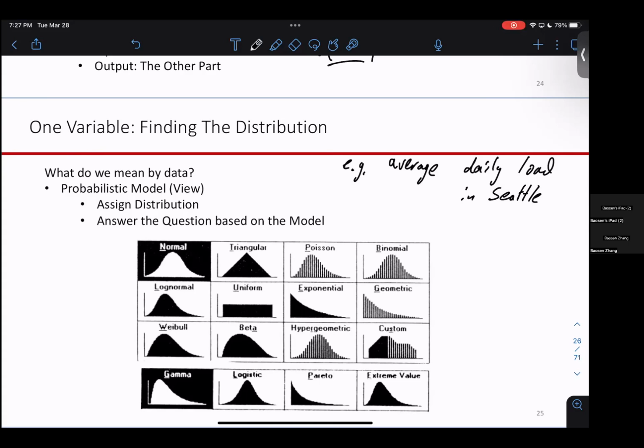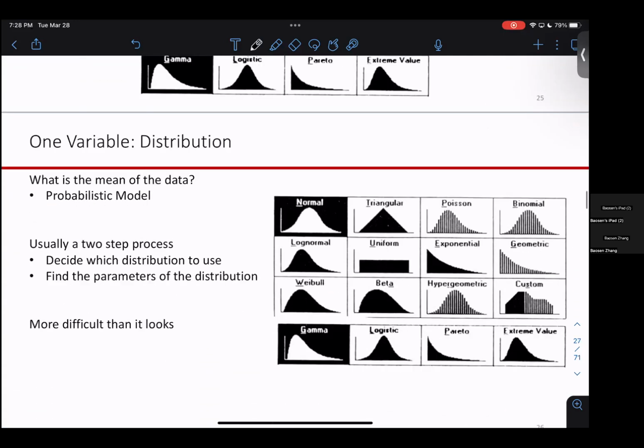It'd be interesting if it looks geometric; that is very different than if the load looks normal. It's good to know these things, but we're not going to say very much about how to estimate this kind of probability distribution. For us, the probability distribution is: take the load, plot the histogram, and see what is going on there.